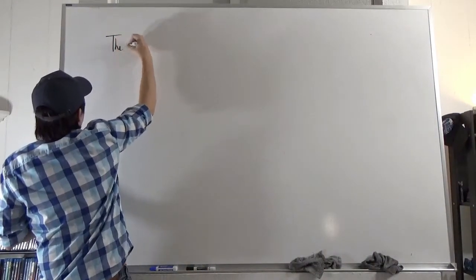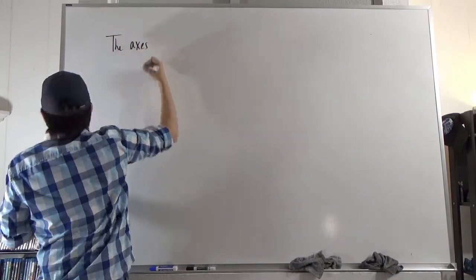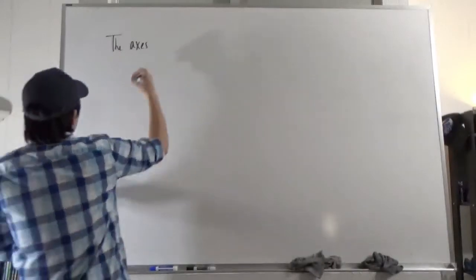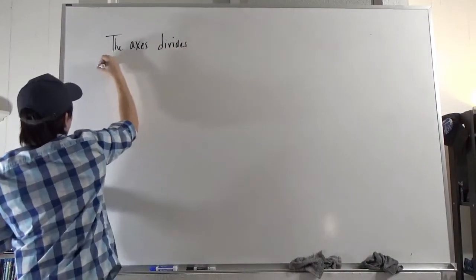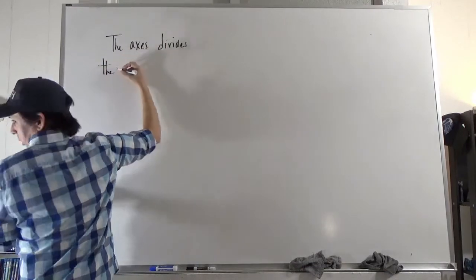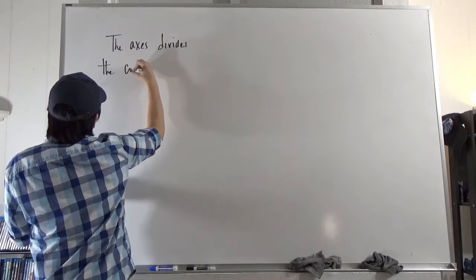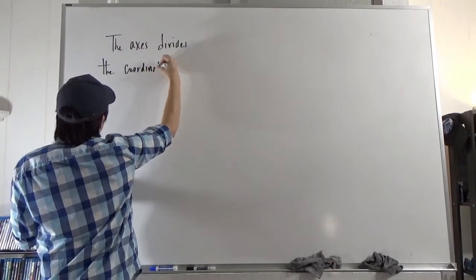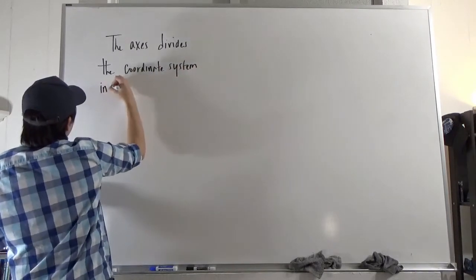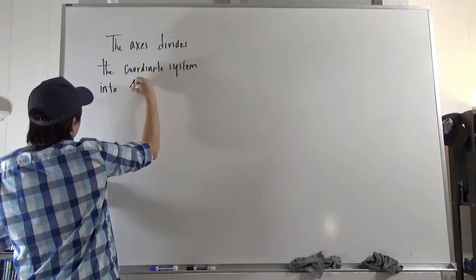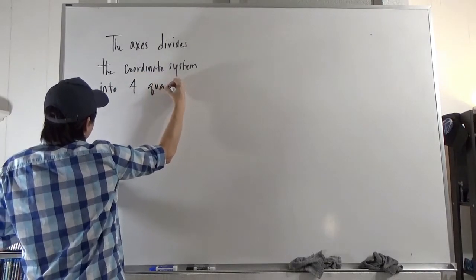Okay, so the axes, the horizontal and vertical, or the x and y axes, divide the Cartesian coordinate system, which I'm going to say the coordinate system for short, into 4 quadrants is the term they use.